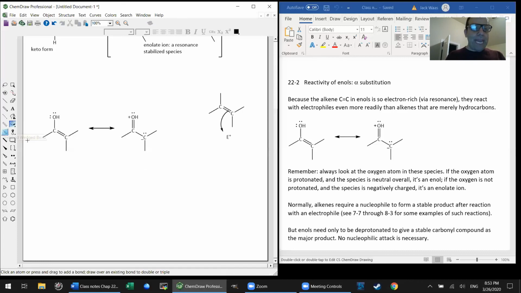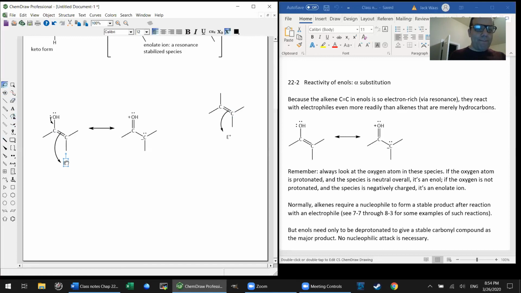But if you compare an unstabilized alkene of this type to an enol, you can look at the idea using either of these resonance forms. One could look at this resonance form of the enol and show the oxygen atom helping out by helping to push out the electrons in the carbon-carbon pi bond to attack the electrophile. That's one way of looking at it.